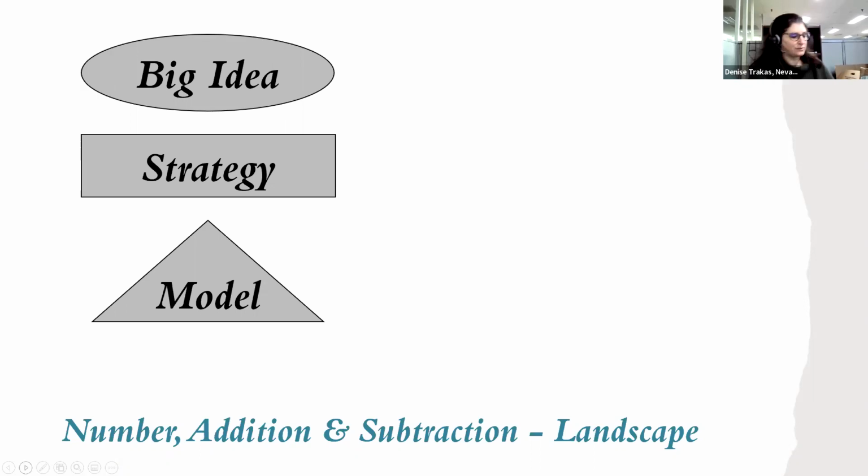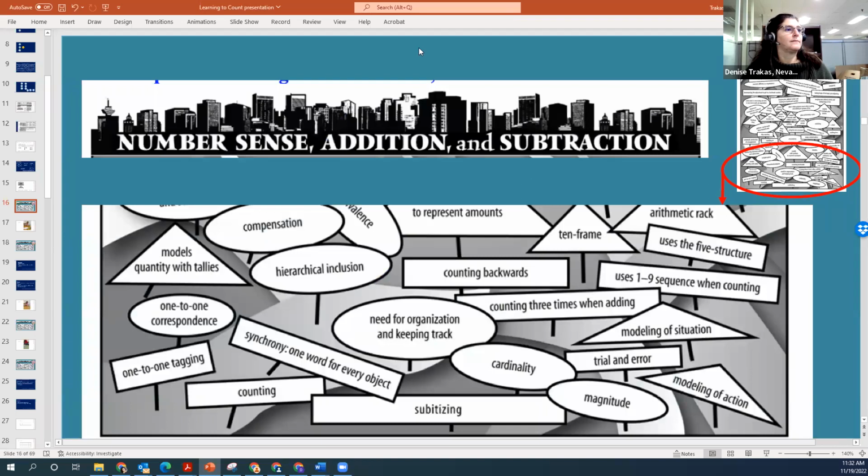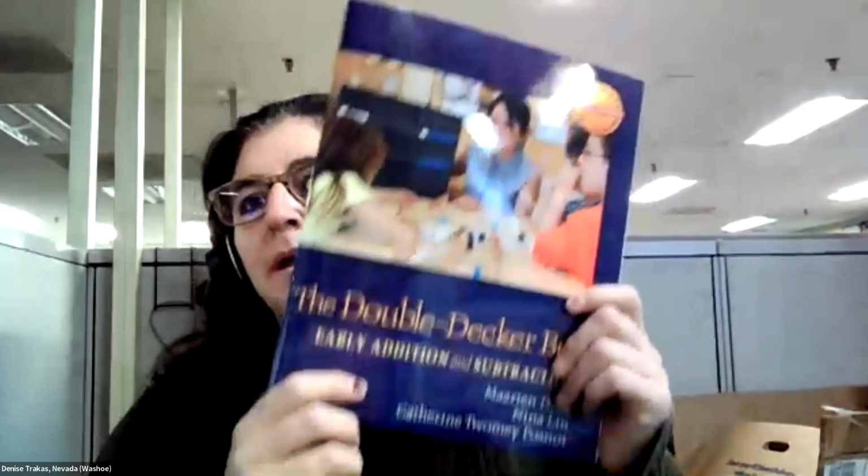And the third is really from the work, and I'll stop sharing for a minute so that you could see. And it's really from Context for Learning Mathematics, primarily Martin Dolk and Kathy Fosnot, who worked on this with Nina Liu.